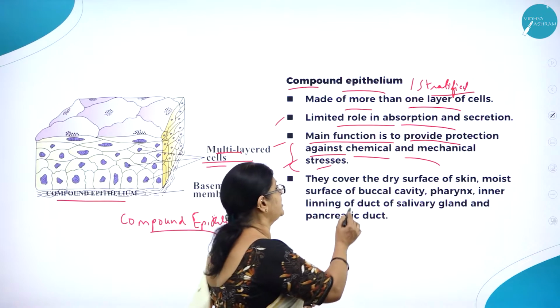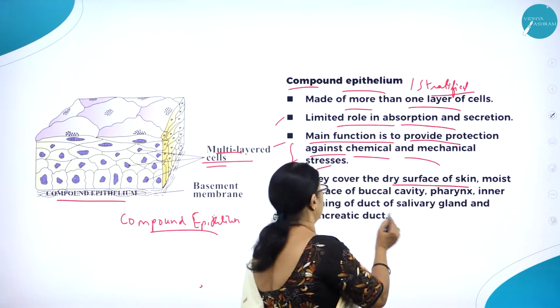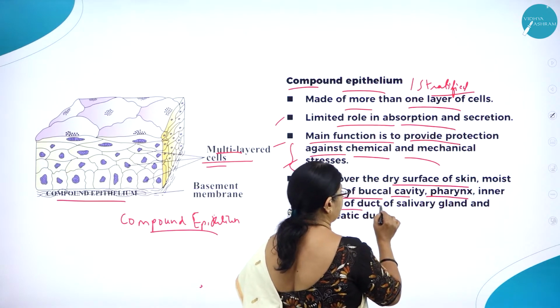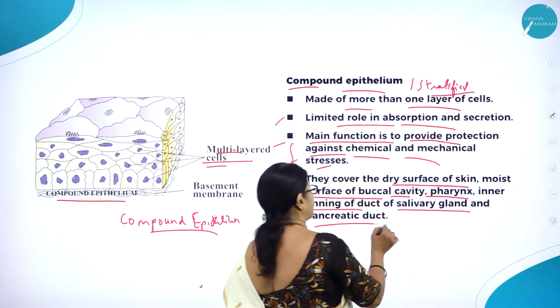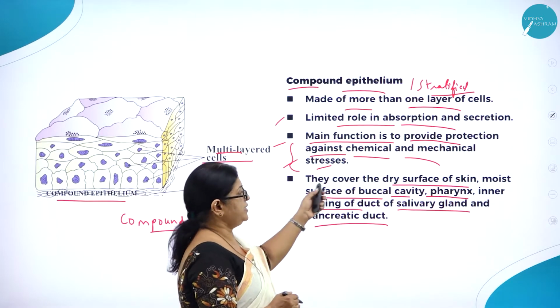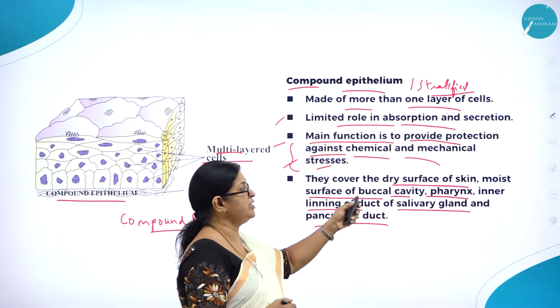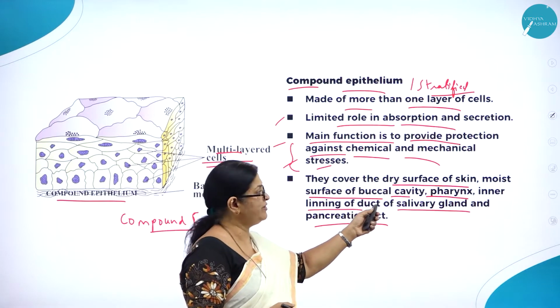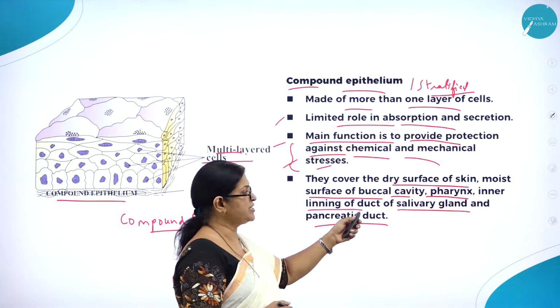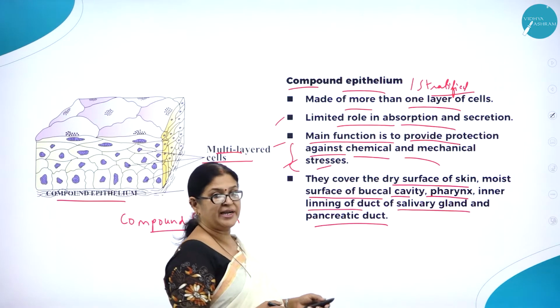So where do you find this compound epithelium? They cover the dry surface of skin, the moist surface of the buccal cavity, pharynx, that is the food pipe, and the inner lining of ducts of salivary glands and pancreatic ducts.